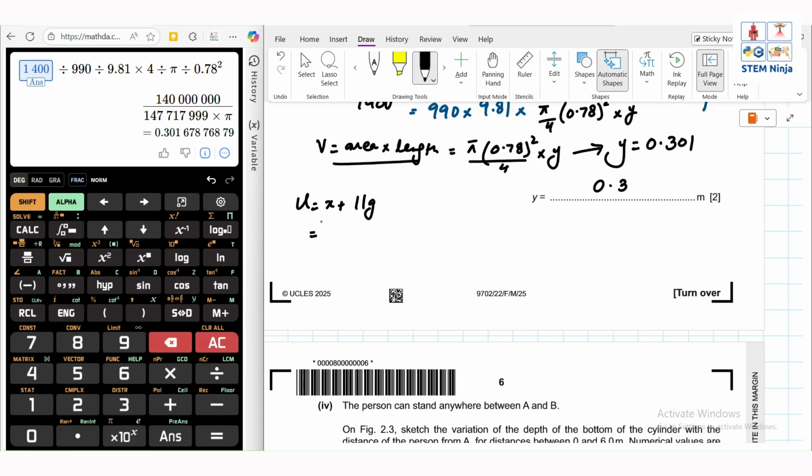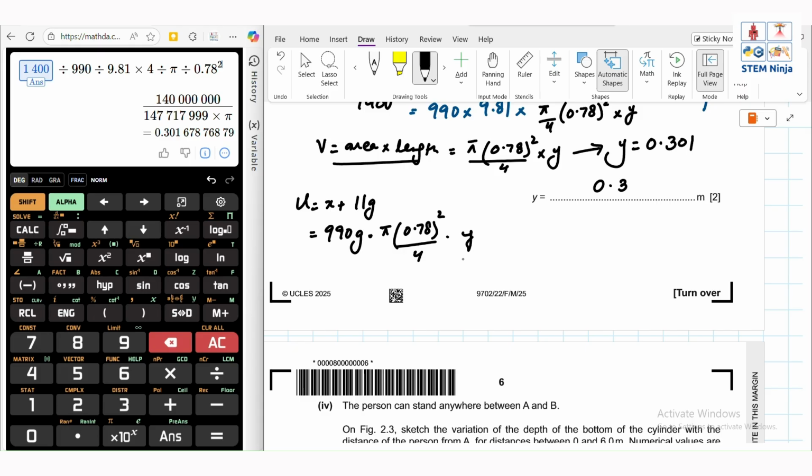And then we have the 990g times the volume, and volume is cross-sectional area, that is just simply pi times 0.78 whole squared over 4 times y.